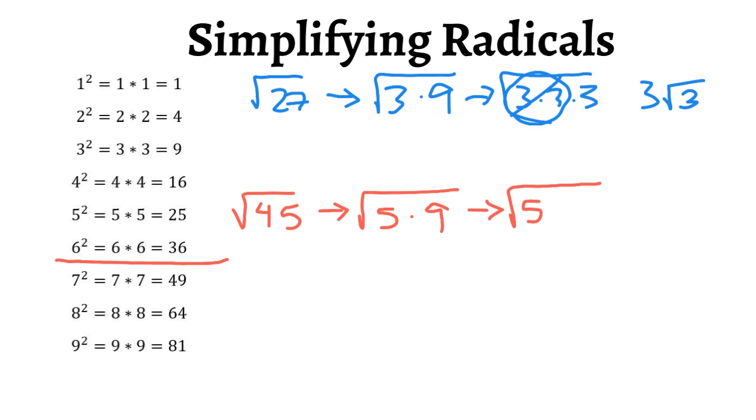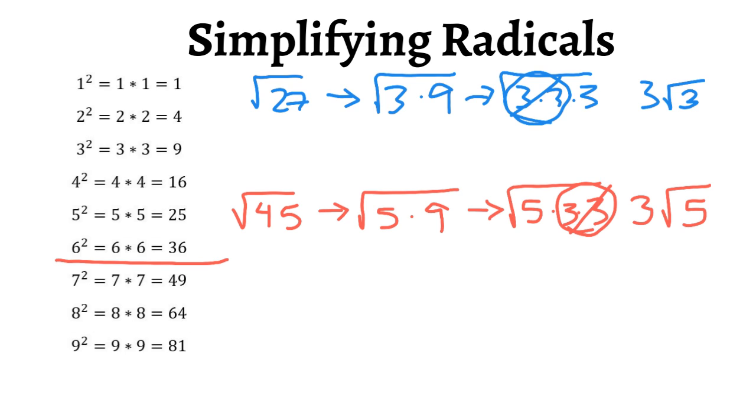So I copy the 5 and I just copy down the 9 as 3 times 3. 5, 3, and 3 cannot be broken down any further. And here I found a pair of 3's. That's what I'm looking for. I'm looking for the pairs. The 3 will come out to the front of the square root, and the 5 will stay inside because it does not have a pair. That's 3 radical 5.